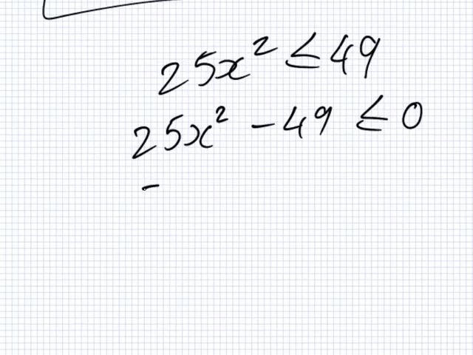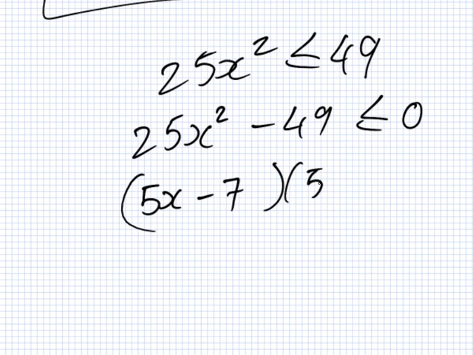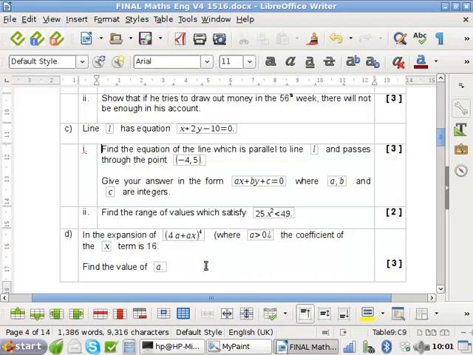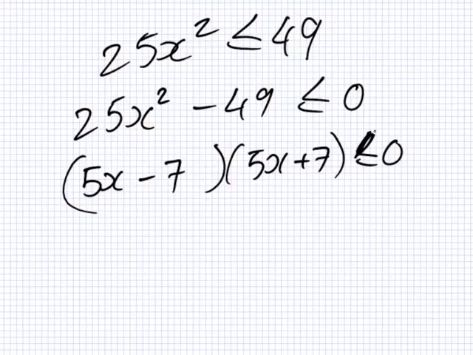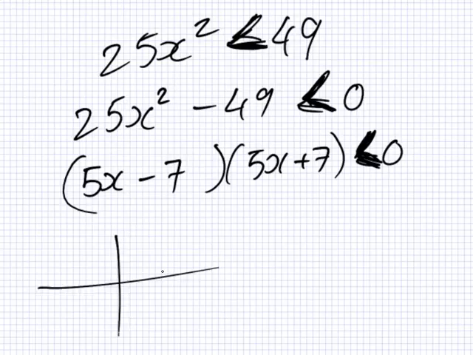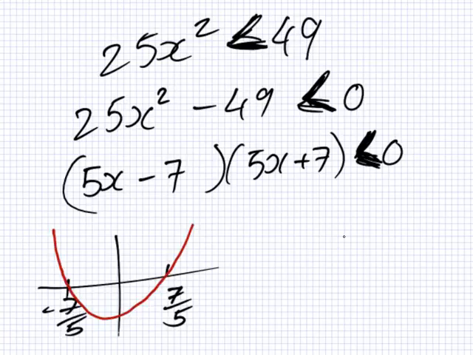That means 5x minus 7 times 5x plus 7 less than 0. So, quick sketch, this here is 7 over 5, and this here is minus 7 over 5. Do we want above or below? Below. So the answer is x must be between minus 7 over 5 and 7 over 5.